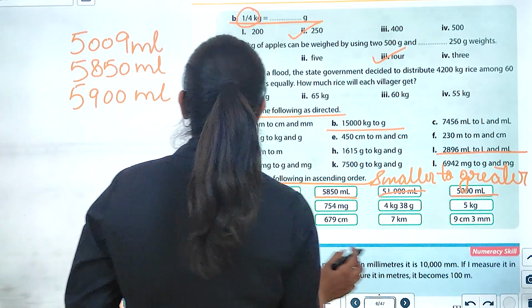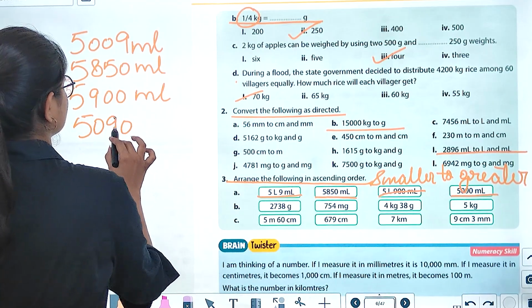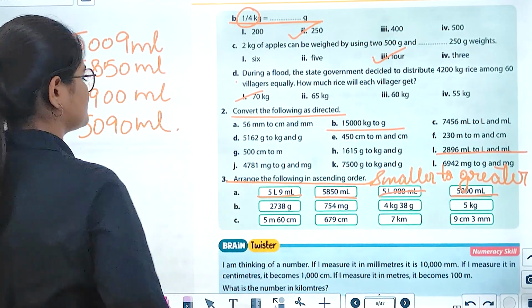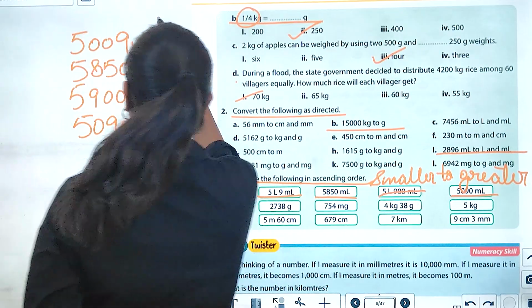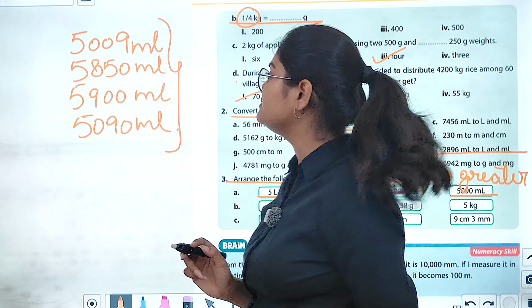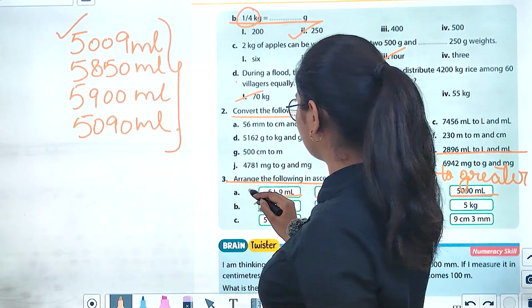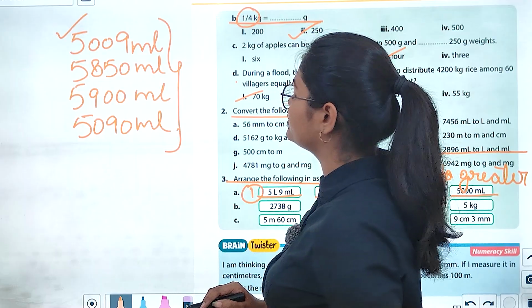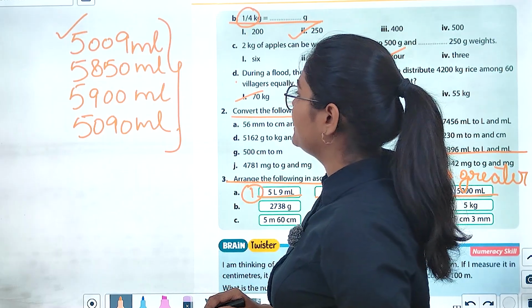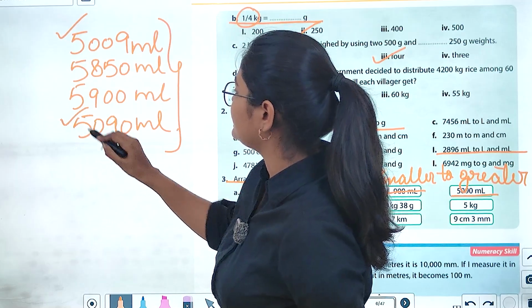And next is 5090 milliliters. Correct? Now all of them are in milliliters. So we can easily compare them, right? So we can see that this is the first one. Then it is 5090.